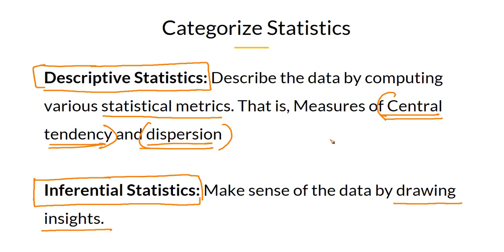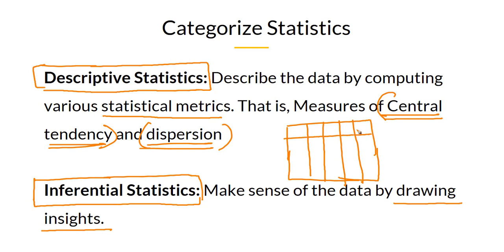For example, in our housing prices data set, you have various fields. Some of them are categorical, some of them are numeric. Say this is the price of the houses, and this is the location, area of the houses, something like that. These different columns are present in your data. By looking at the areas of the houses, you might come up with a certain insight.